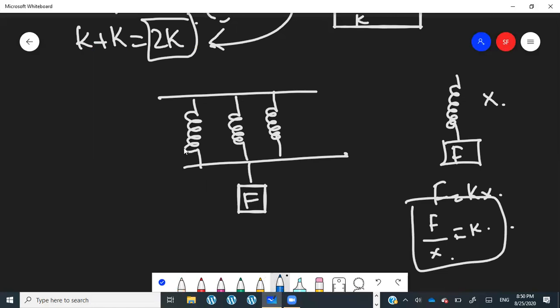When we have three identical springs attached in parallel to one another, the force experienced by each individual spring becomes K upon 3. It gets divided between the 3 springs.